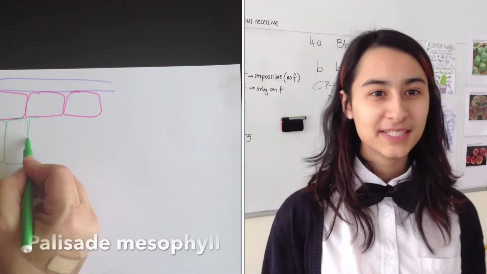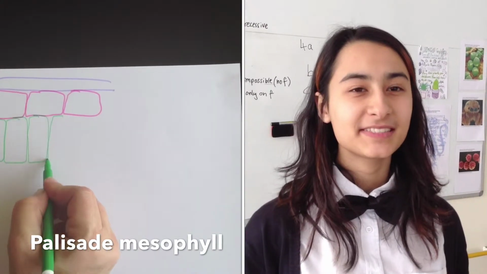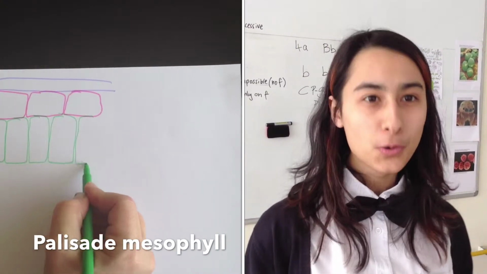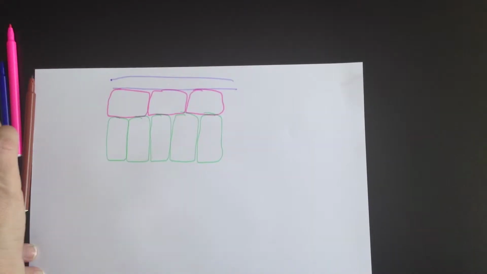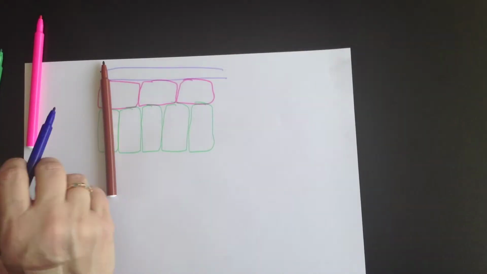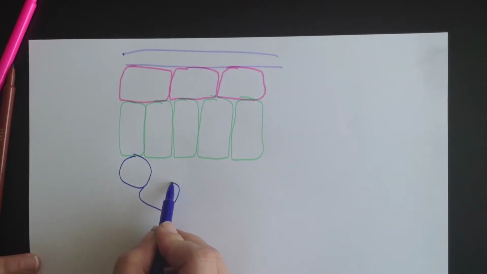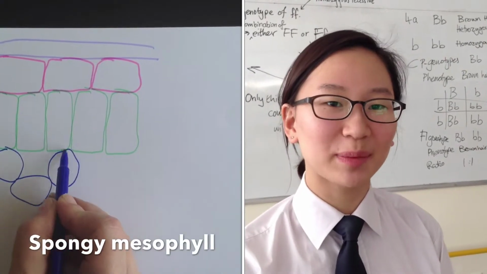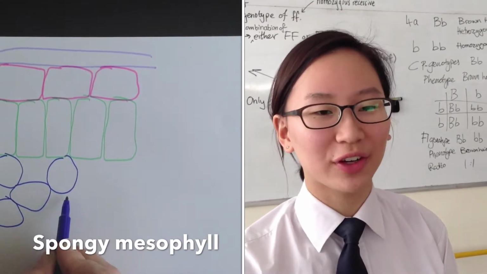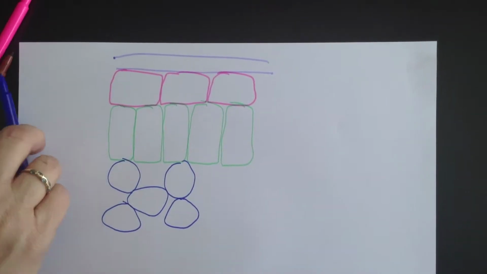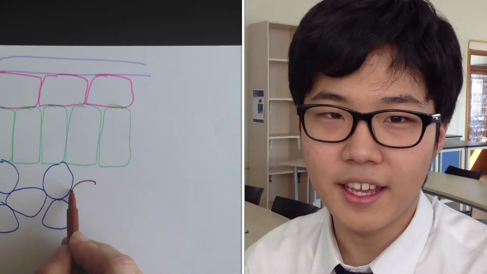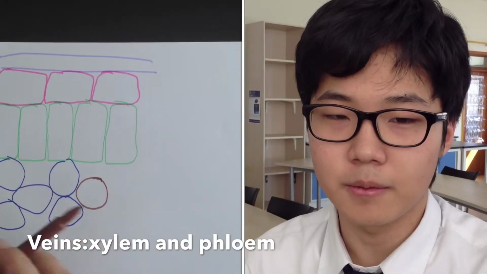The palisade mesophyll has palisade cells which contain loads of chloroplasts. The mesophyll has loads of air spaces which gives a large surface area for gas exchange. The vein is composed of xylem and phloem.